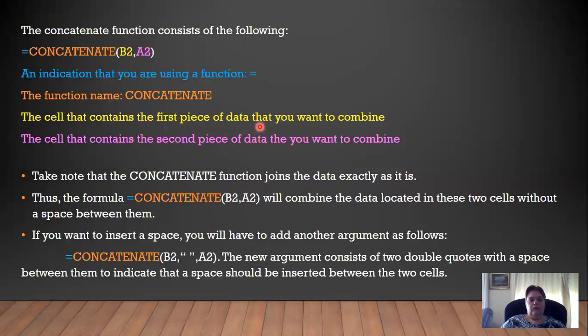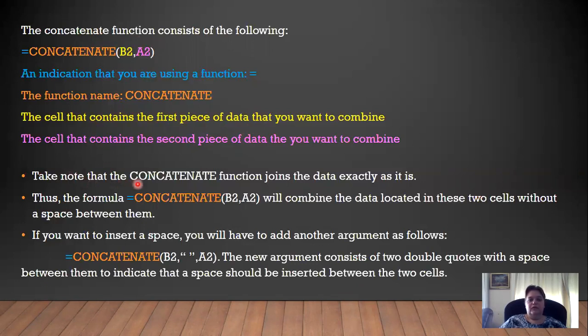If I want my name and my surname field, the first one would be the name, and the second one, for example, the surname. Then the second part is the cell that contains the second piece of data, so A2.